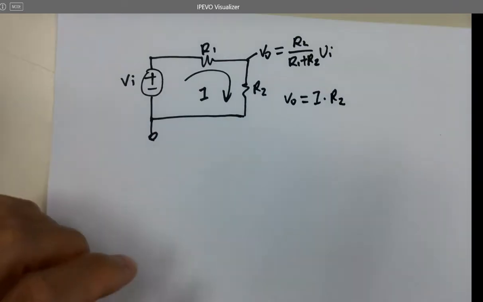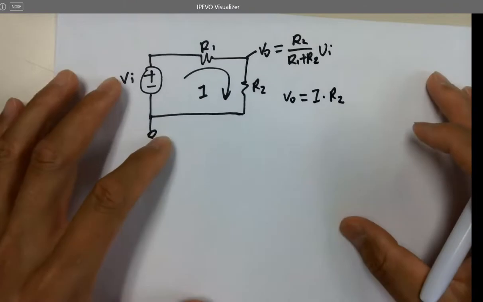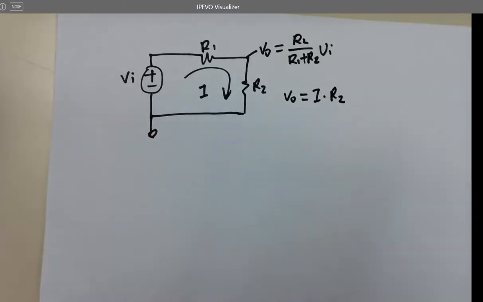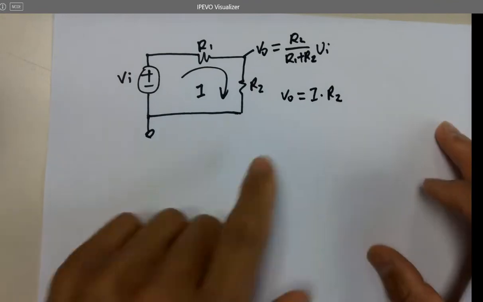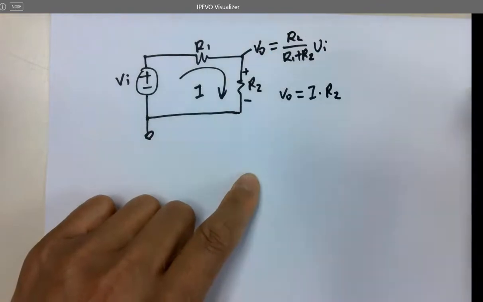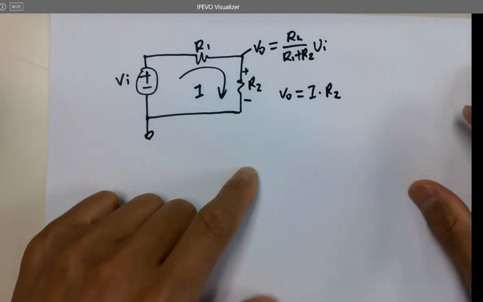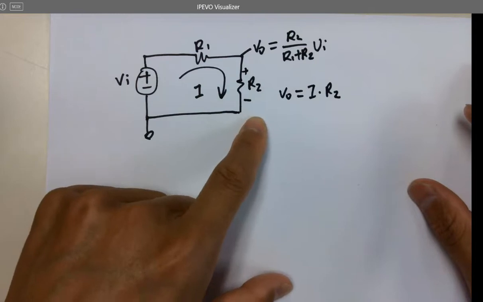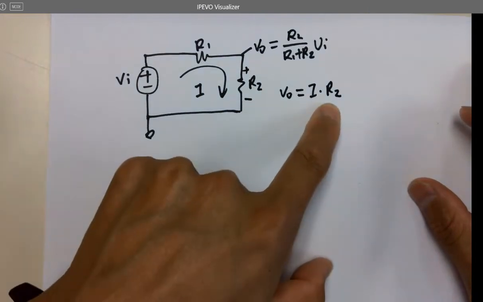It's way better than V equals I R. Plus minus, because of the voltage drop. So VL equals I times R2.